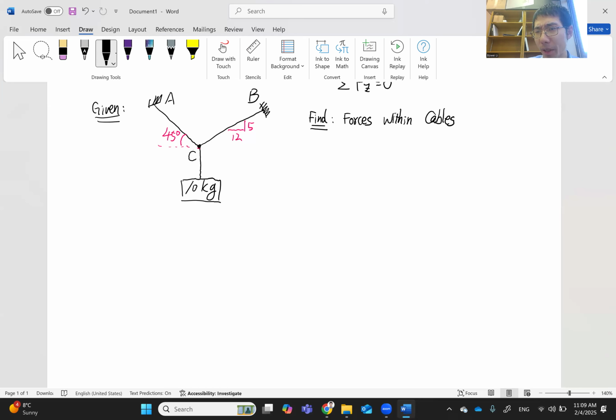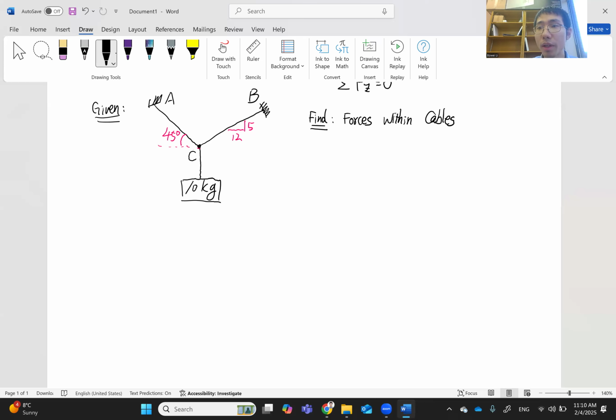How can we convert a structure to a problem of force summations? If you look at this problem, there are no force vectors here. Although we know that the object will be subjected to forces and the cables are subject to tensions, we don't see them.